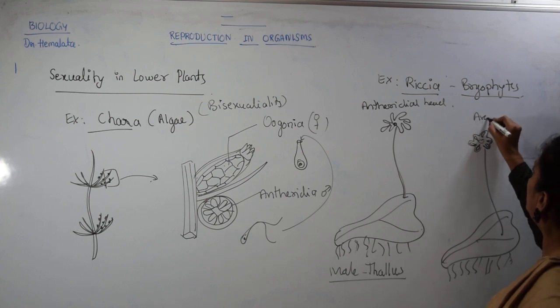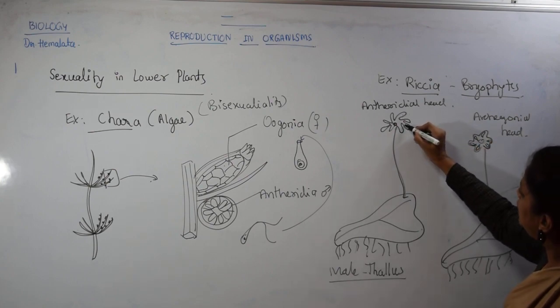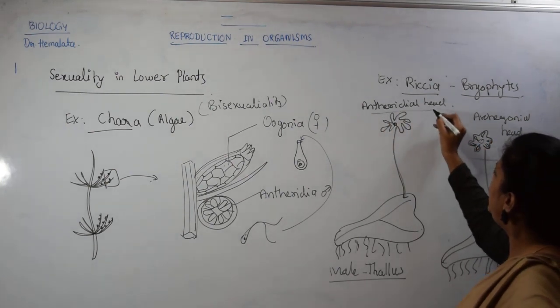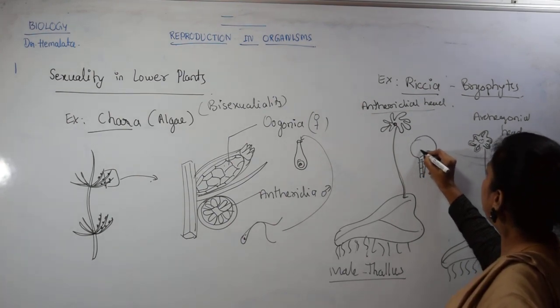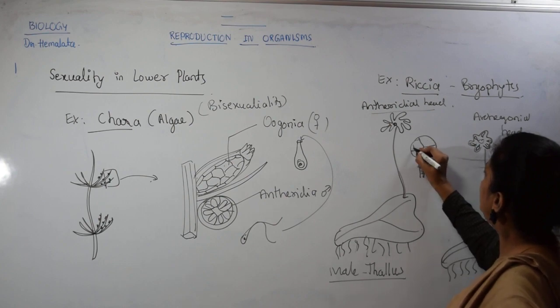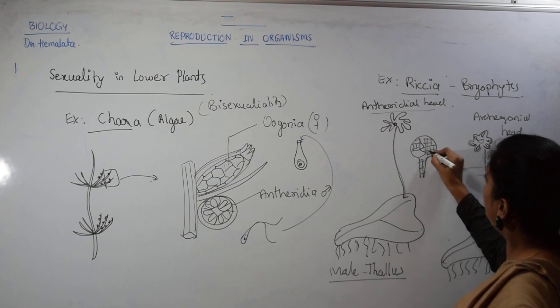Whenever you observe the antheridial head, each antheridium will be like this. They will produce antherozoites. These are all haploid plants.